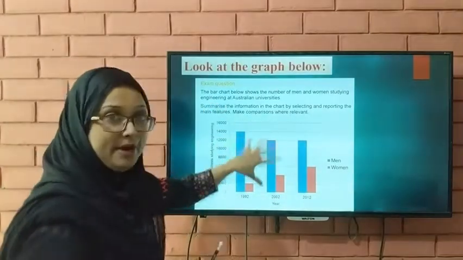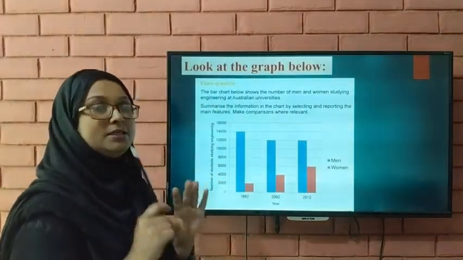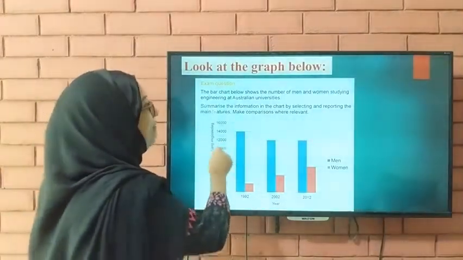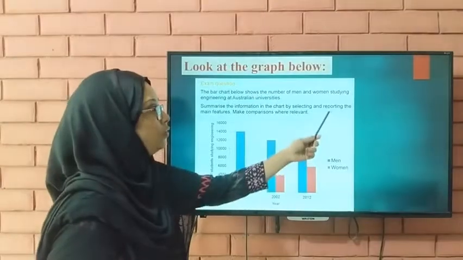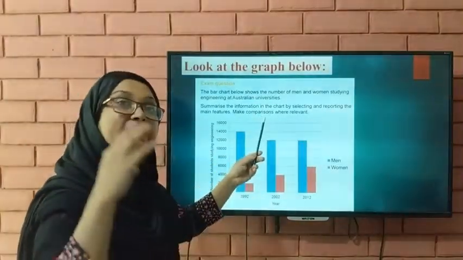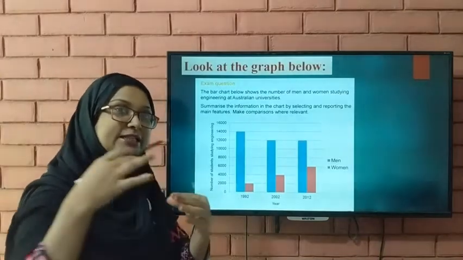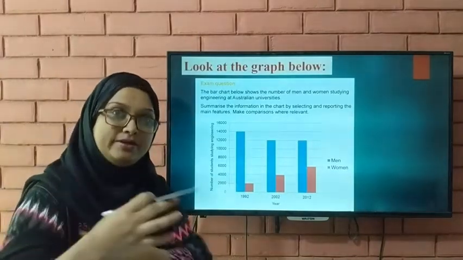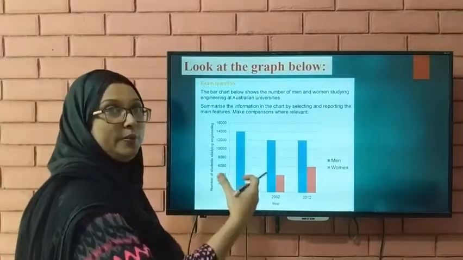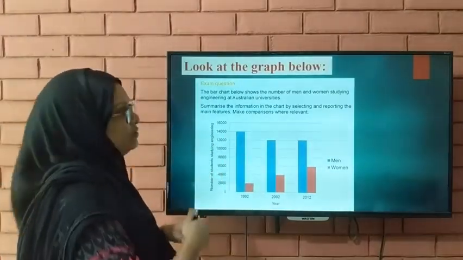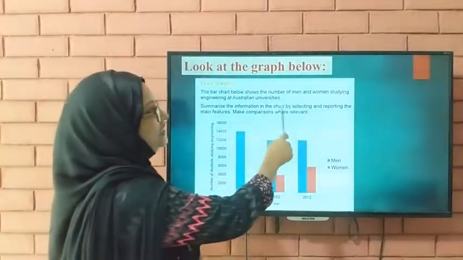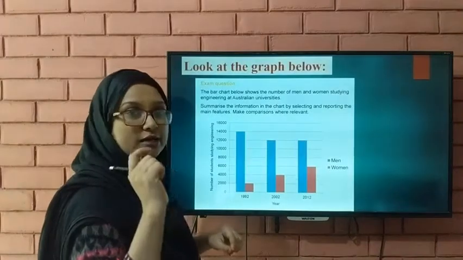So this is a summary of the graph, but what should you include here? You should include the main features in the report, that means the description. Make comparisons where it is relevant. If there is any comparison between different data, you will compare them in your description.